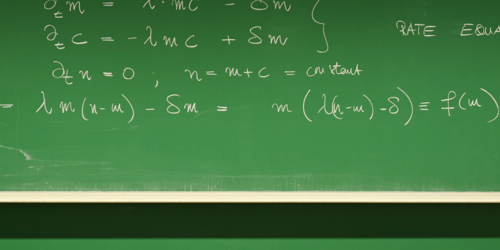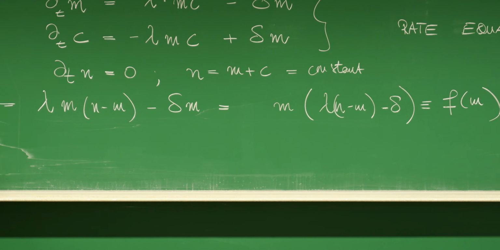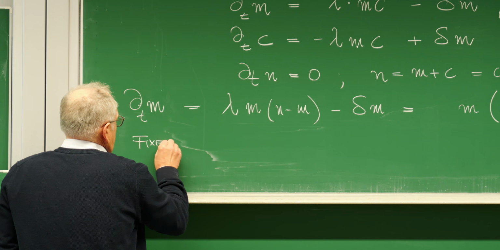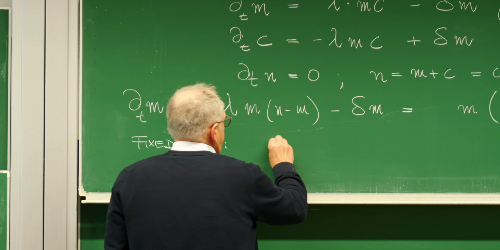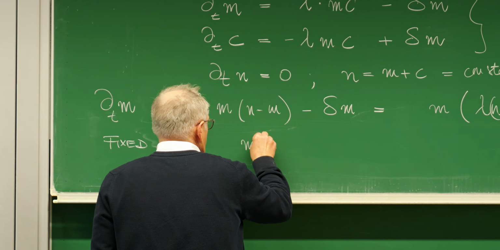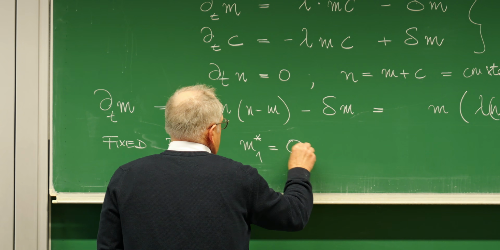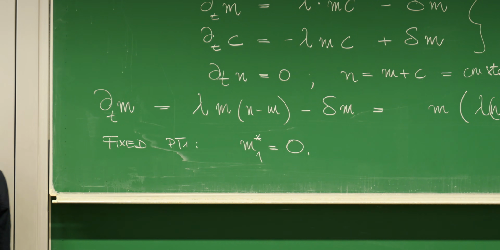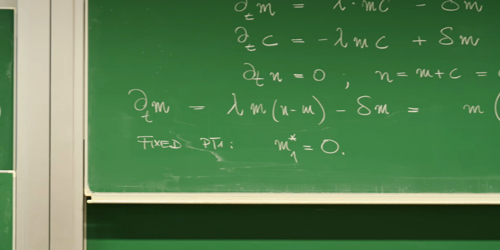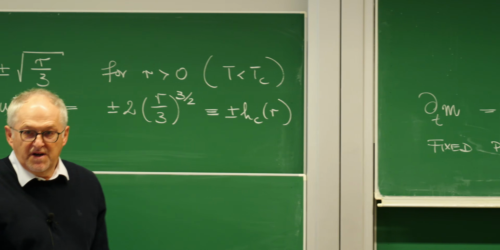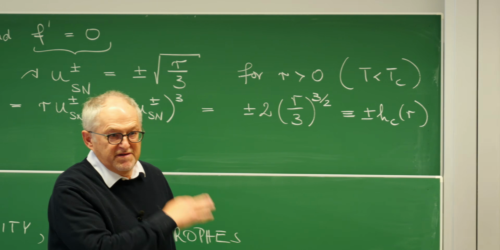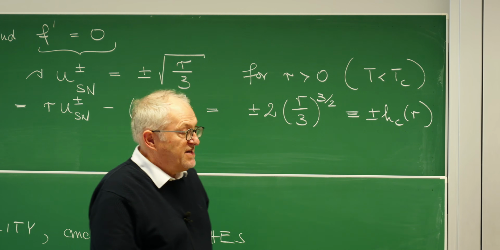You can easily read off the fixed points here. That's really a very trivial exercise. One of the fixed points, I call m1, is the one where m1 star is 0, and that's simply the state where the population in our Oktoberfest tent is healthy.